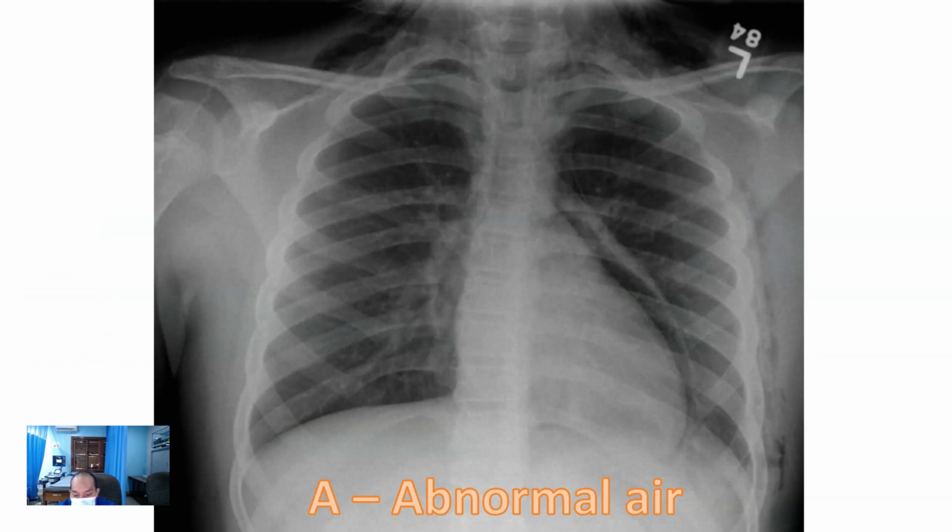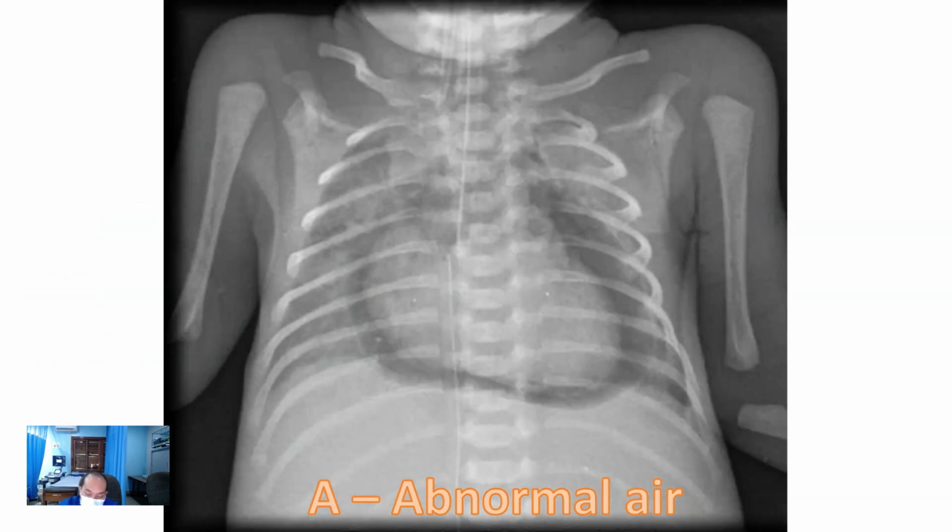And this is also abnormal air, where we see air in the pericardium, mediastinum, and subcutaneous tissue. And this is also abnormal air where it shouldn't be seen, in the pericardium. So this is pneumopericardium.